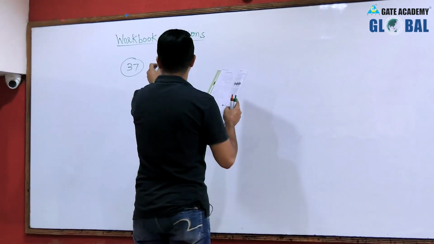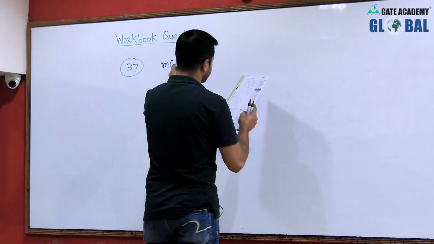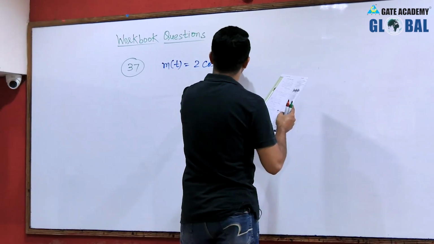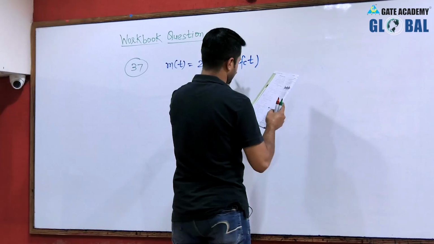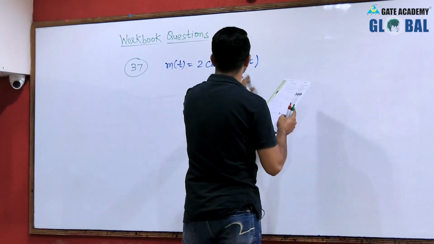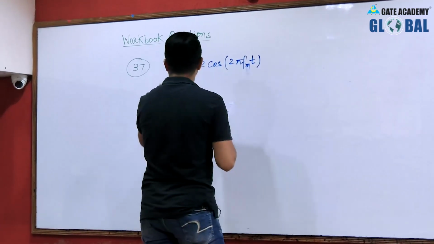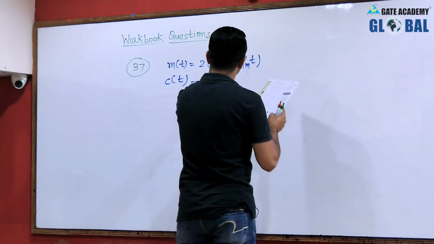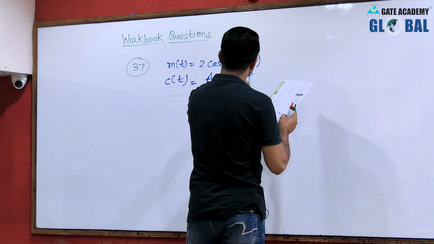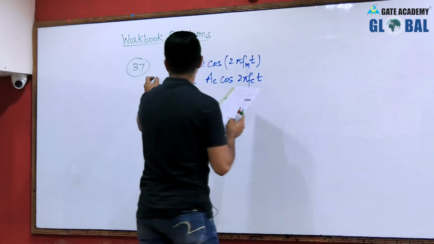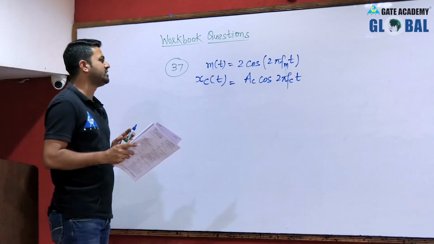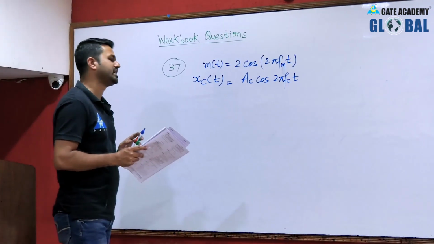The message signal m of t is 2 cos 2 pi fm t, and the carrier signal is Ac cos 2 pi fc t. So the message signal has amplitude 2 and the carrier signal has amplitude Ac.